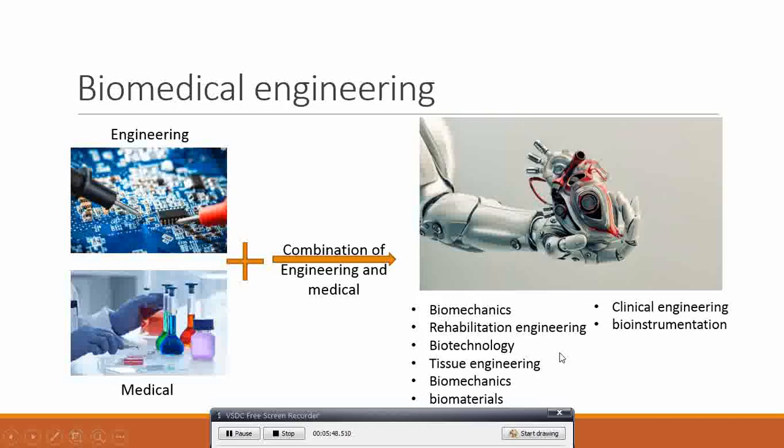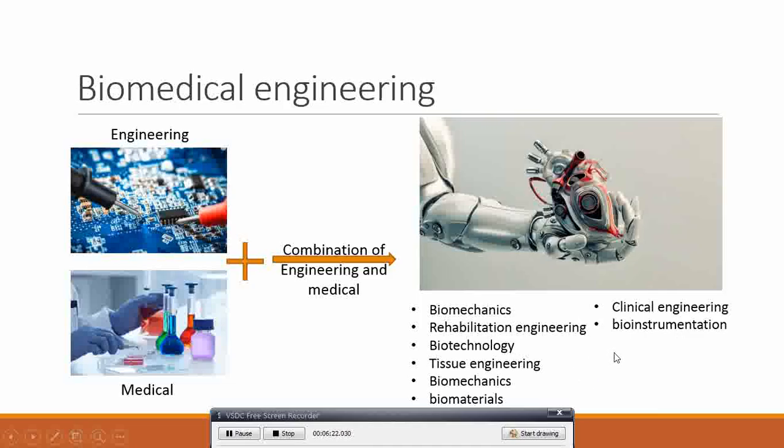For example, let's say if you complete this first degree in UTHM, and suddenly you don't go for work, but you're thinking of pursuing a masters, you can do masters in all these areas, what we call biomechanics, rehabilitation engineering, biotechnology, tissue engineering, biomechanics, biomaterials, clinical engineering, bioinstrumentation.